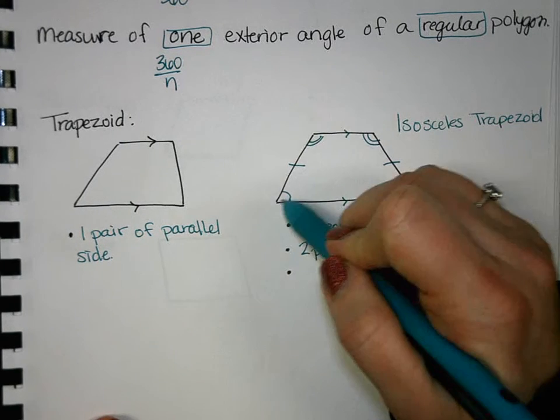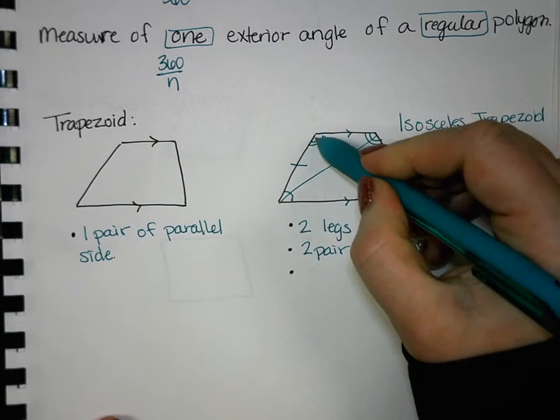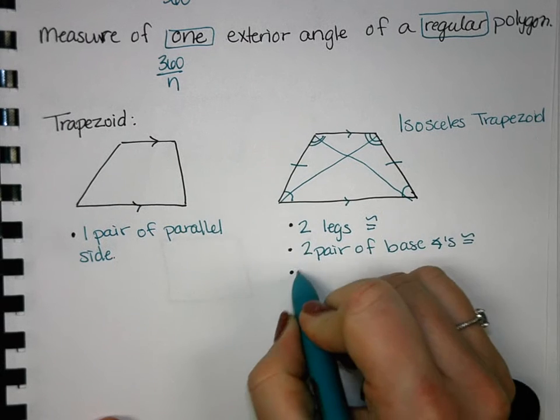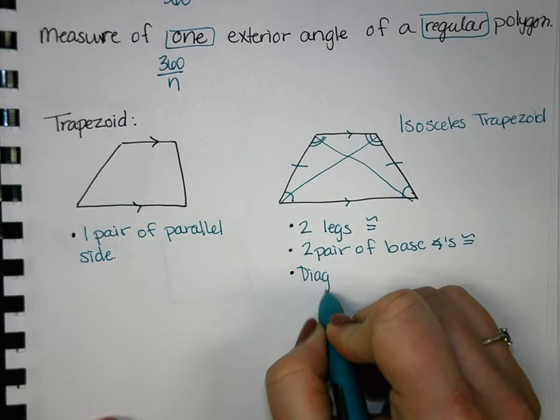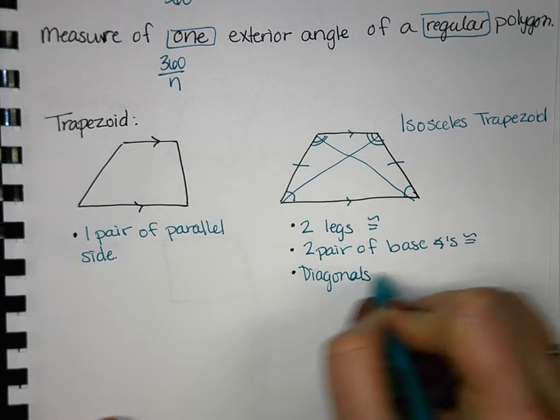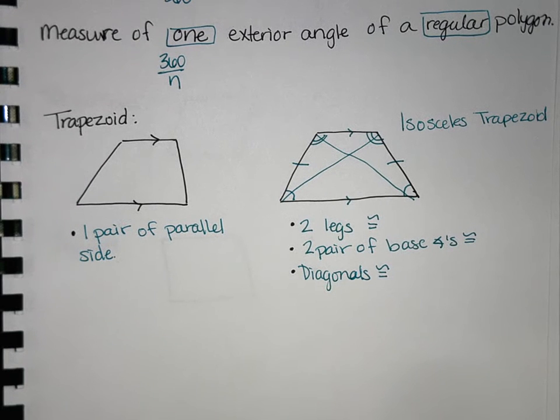And then lastly, we had something about our diagonals, and that was that the diagonals were congruent. Okay, so these were all the properties that we had to know about a trapezoid.